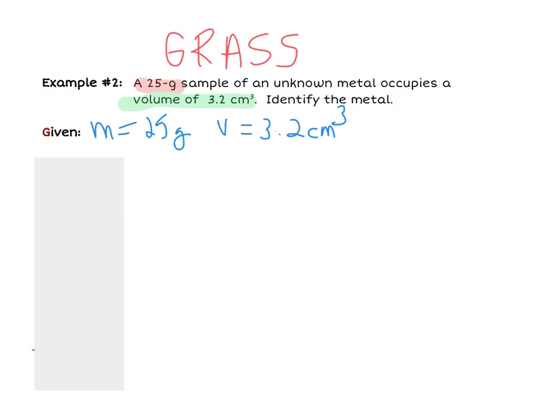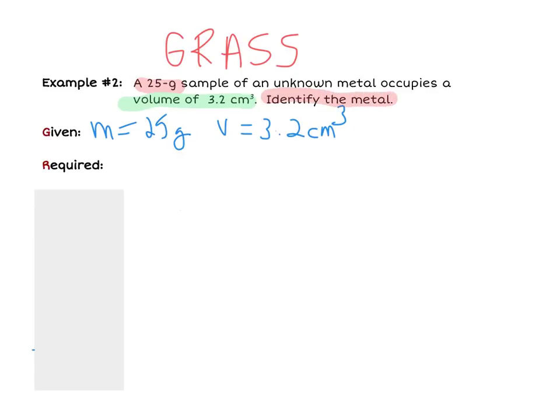So now the R in the GRASS method stands for required, or required to find. So now is where I'm going to write out what information I am looking for. What is the unknown in this circumstance? Usually I find that in the last sentence. Okay, identify the metal.